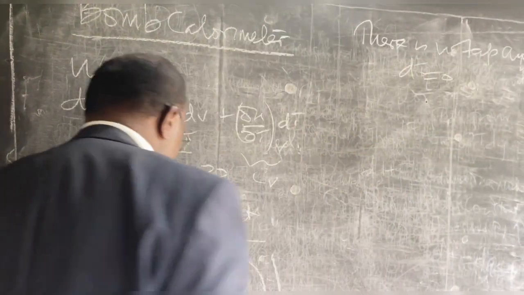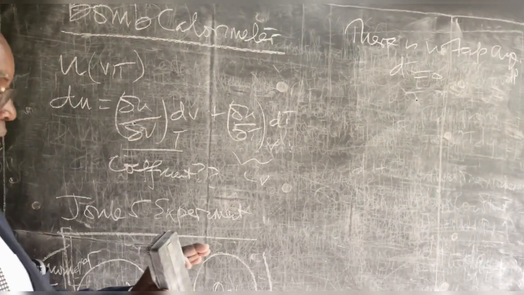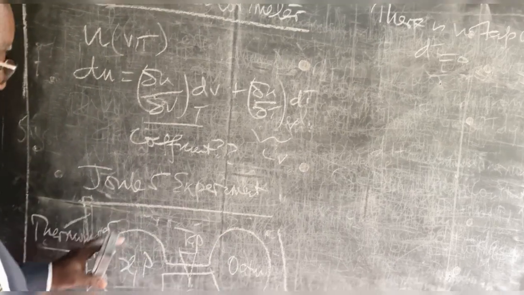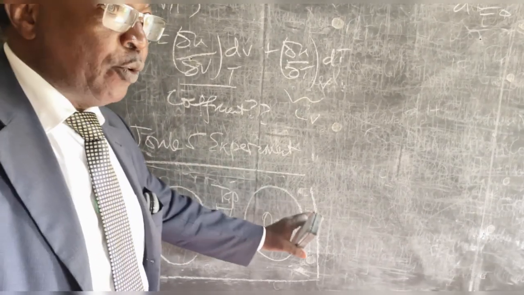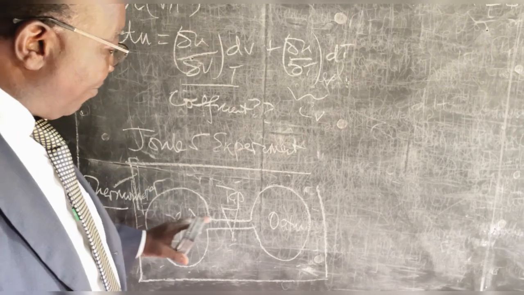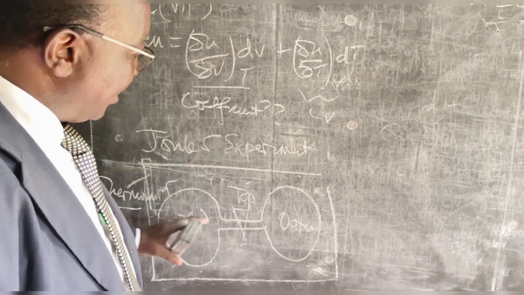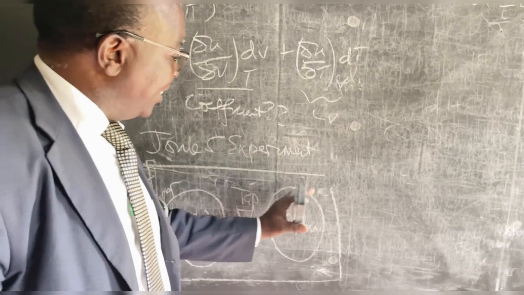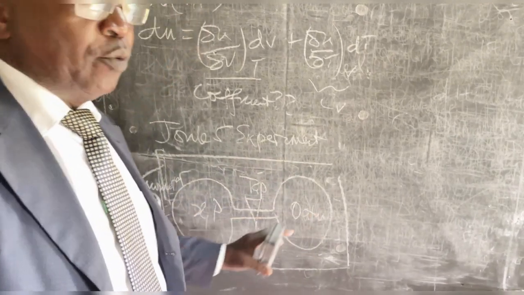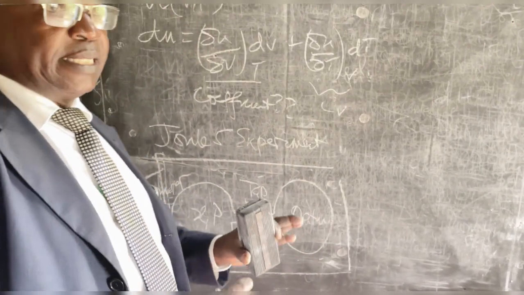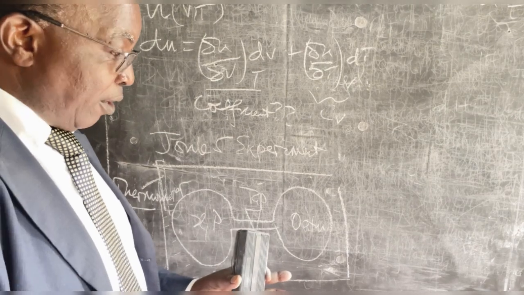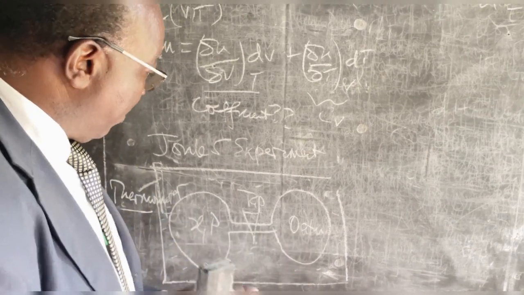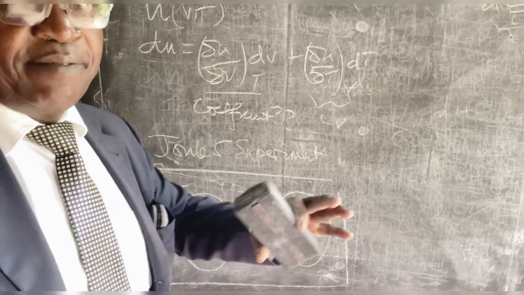And very important, when the gas expands from the filled flask to the evacuated flask, that is called free expansion. There's no work done in free expansion because there is no opposing pressure. We said that dW is minus pressure external dV. Remember, this expansion is an irreversible process.